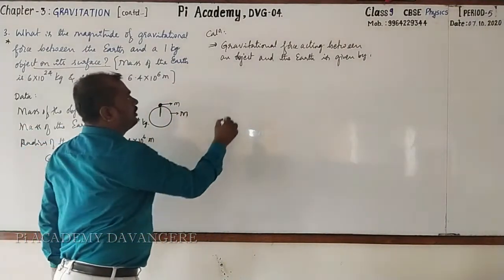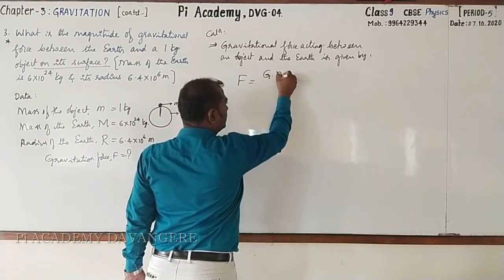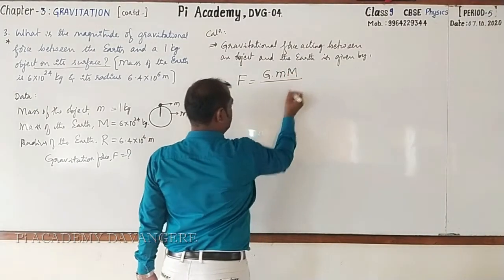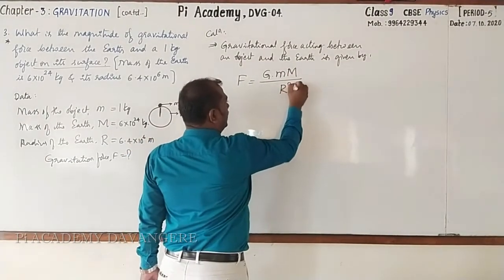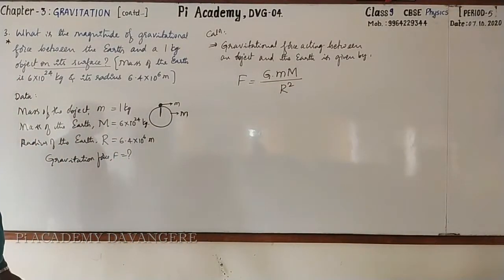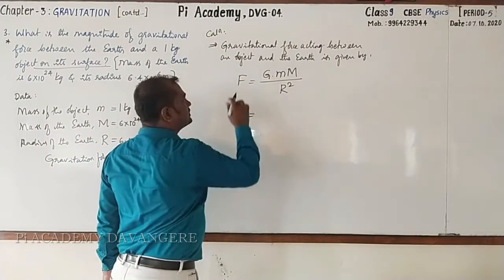So therefore we can write F is equal to G into small m, the mass of the object, capital M, mass of the earth, and the distance between them is equal to the radius of the earth, that is r square. Clear?